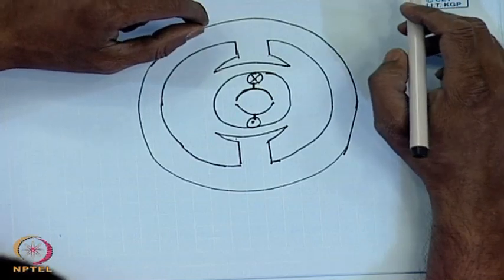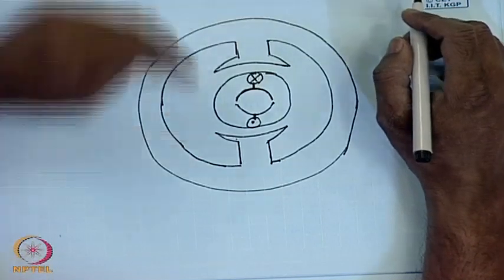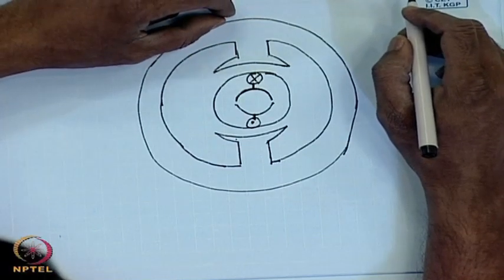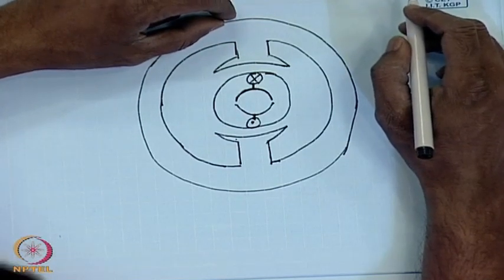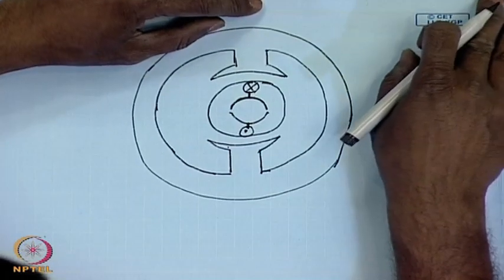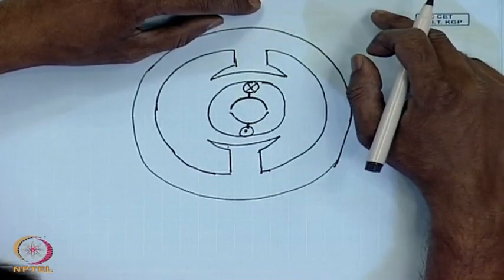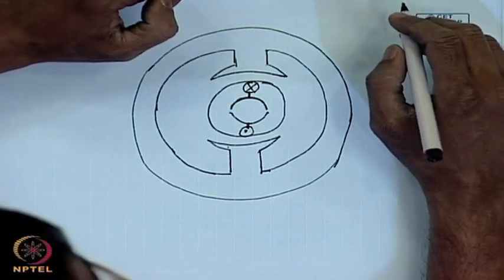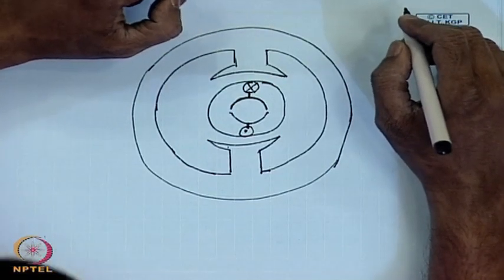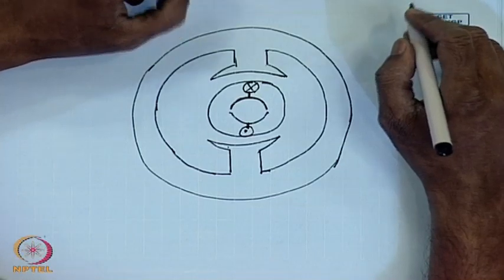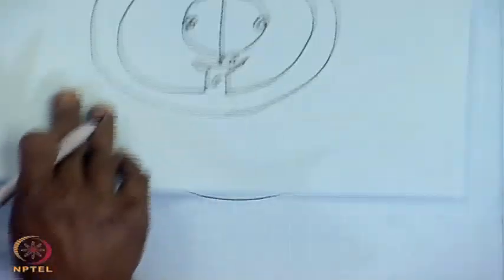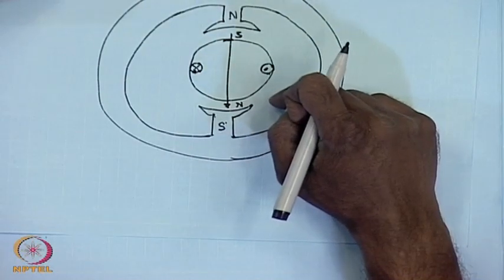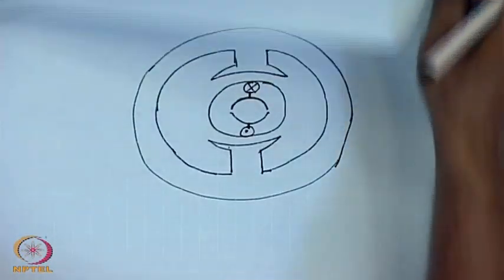However, now how do I make external connection to this commutator? That is done through what are called brushes, which can slide on this commutator ring. Where should be the position of the brush? The position of the brush should be such that in the aligned position it changes the polarity of the current flowing through the coil.